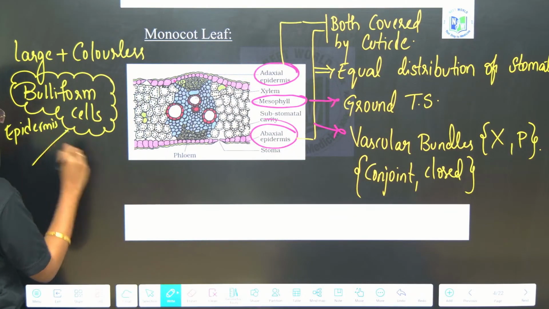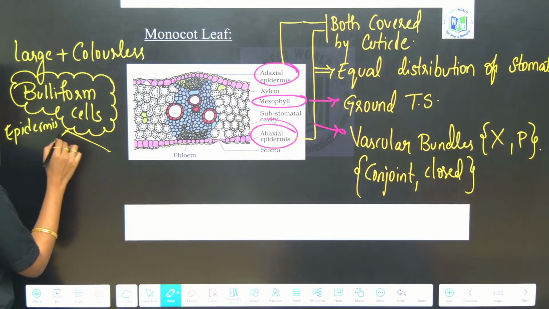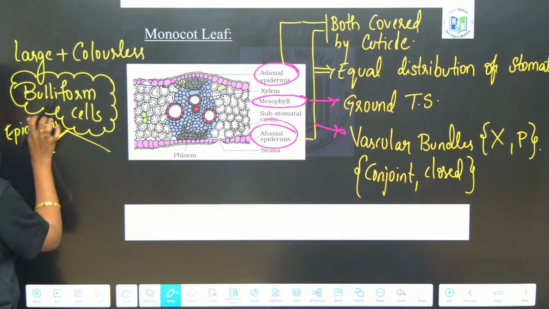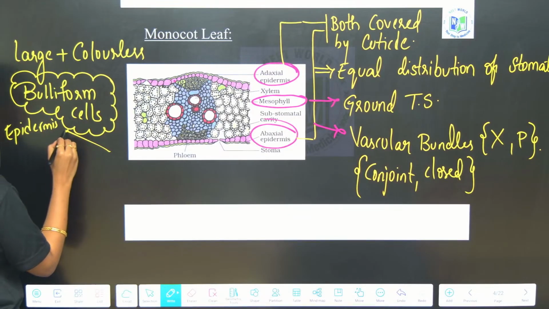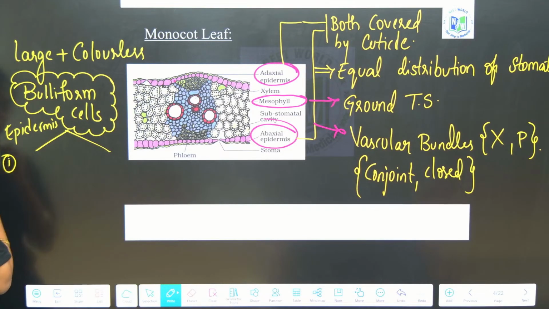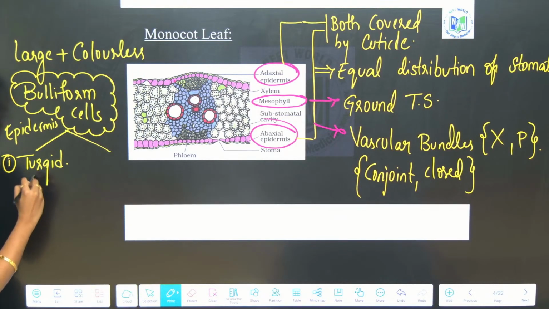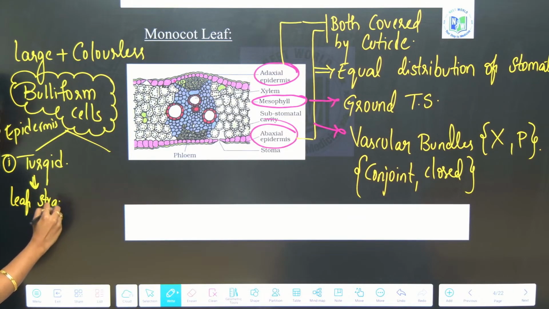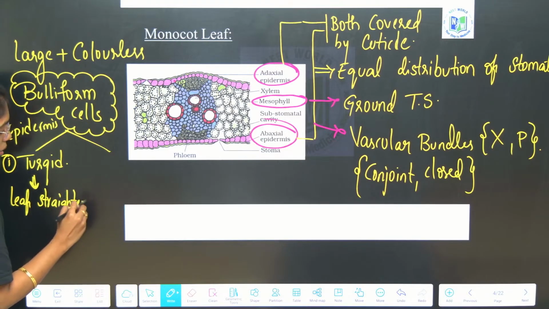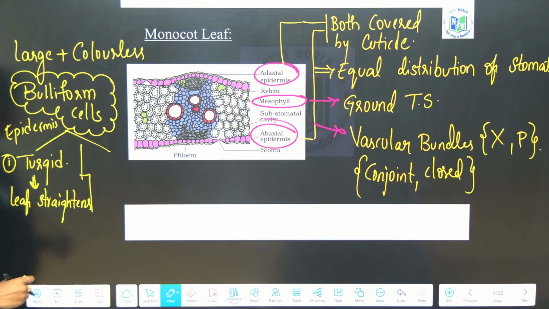What are the key activities of bulliform cells? First, during turgid conditions, when cells are turgid, the leaf straightens because of bulliform cells.